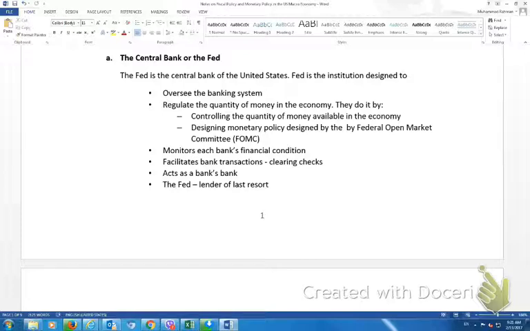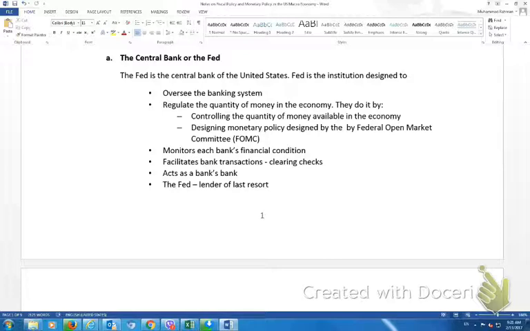The Fed is the institution that is designed to carry out a wide array of activities. Let us summarize some of them. First of all, the Fed oversees the banking system, the private banking system in our country. The Fed regulates the quantity of money that is available in the economy.